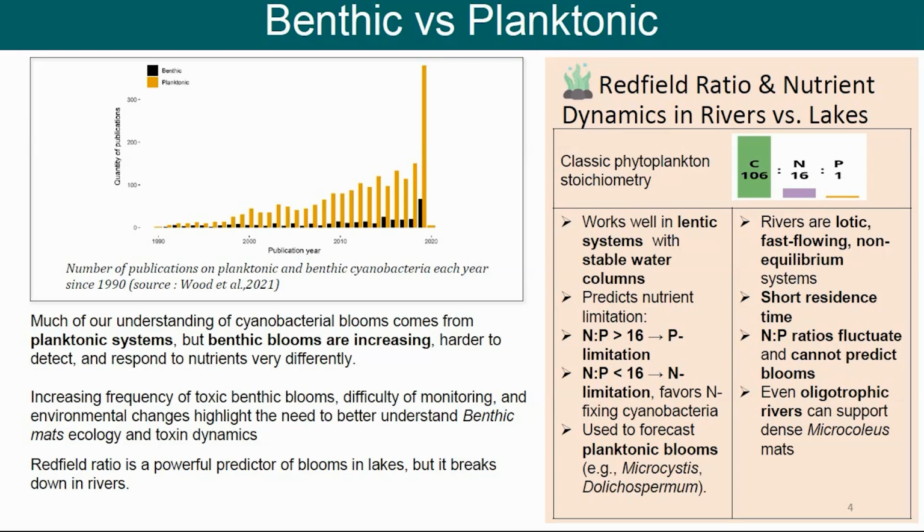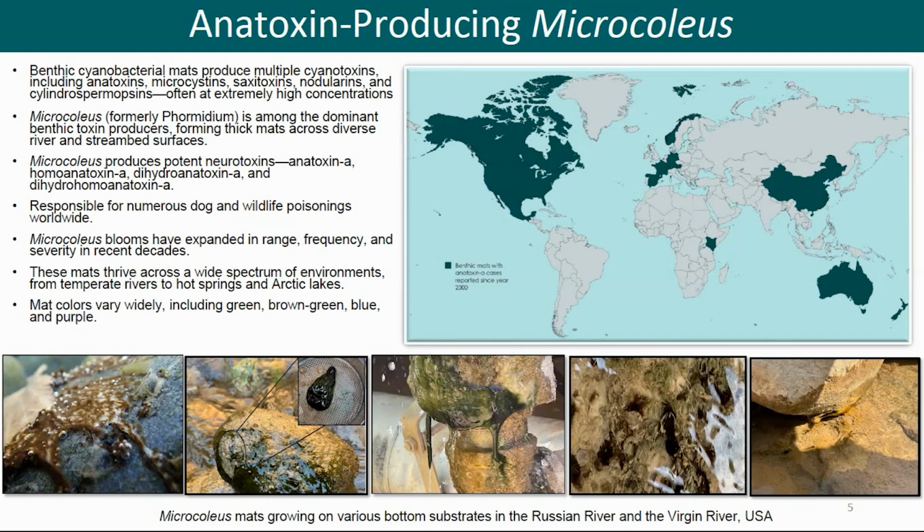So there is not much information, especially related to the Redfield ratio, the carbon, nitrogen, phosphorus ratio, which is a predictor used worldwide for planktonic cyanobacteria, 106:6:1.